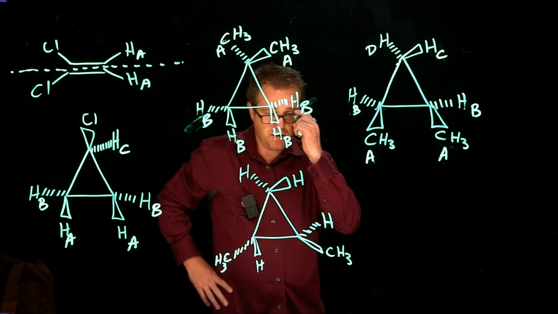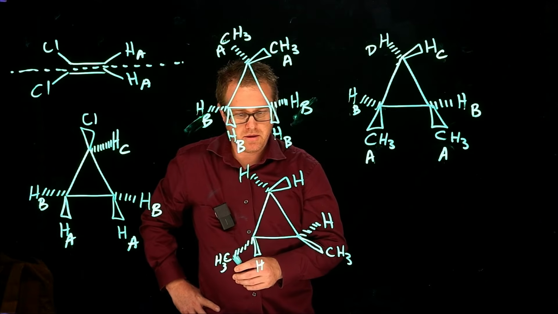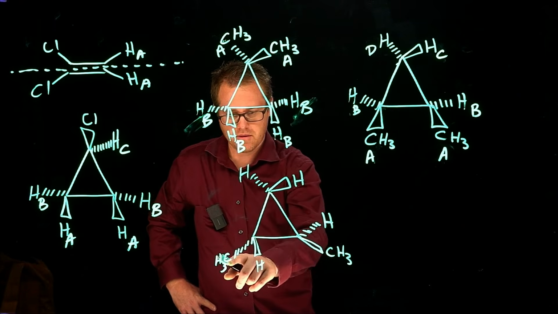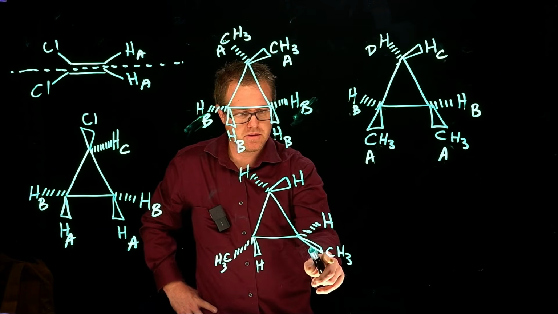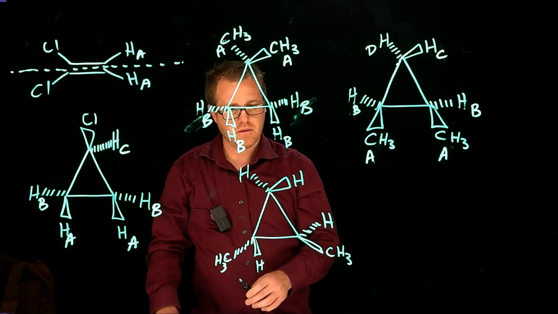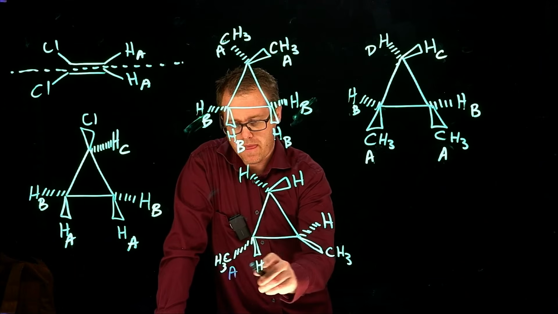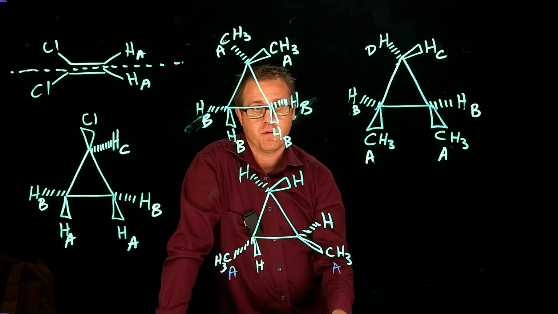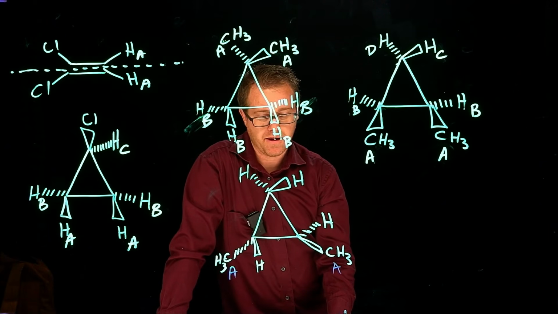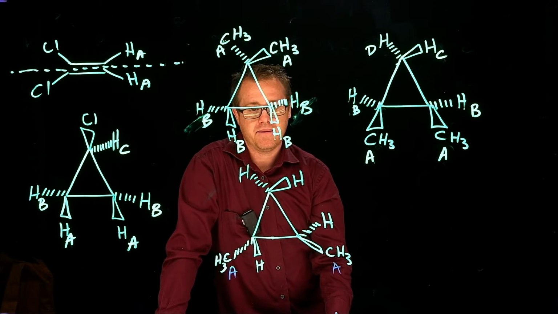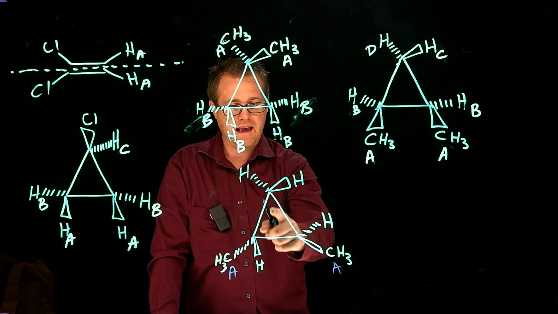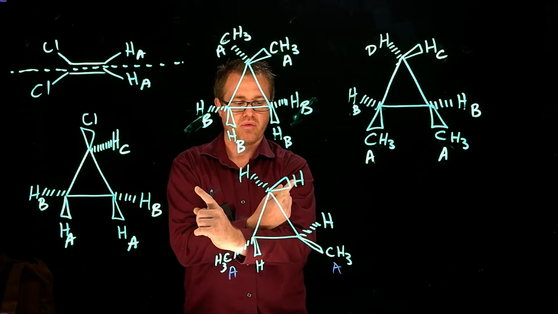So for this one, let's take a look at the methyls. What's the relationship between those? What do you think? Those are homotopic, and they are equivalent. Why is that? Because we have an axis of rotation.